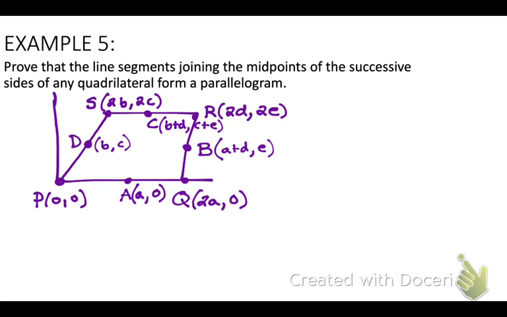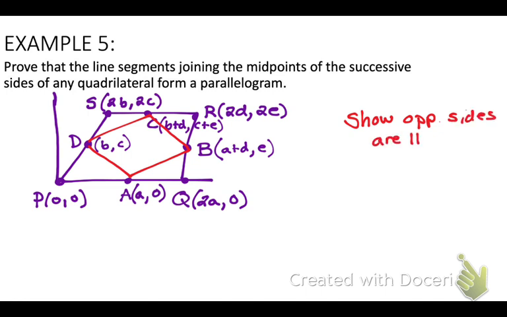All right, so those points create another quadrilateral when you connect them. I'm supposed to prove that it is a parallelogram, which means I need to show that my opposite sides are parallel, meaning they need to have the same slope.